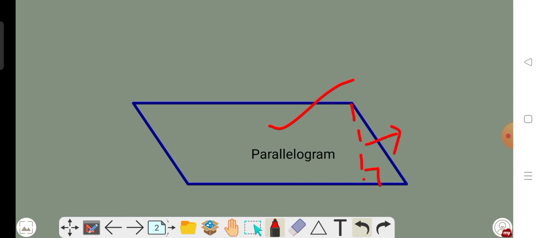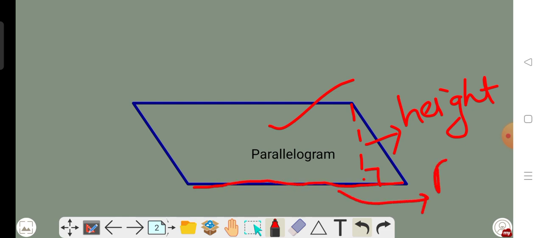This perpendicular is known as the height. This is the height of this parallelogram. Okay. The side on which we draw the perpendicular is known as the base.